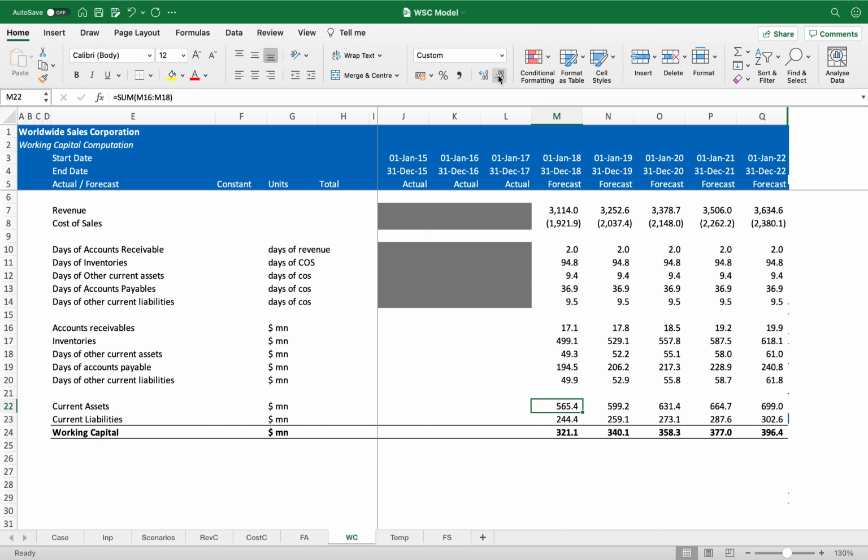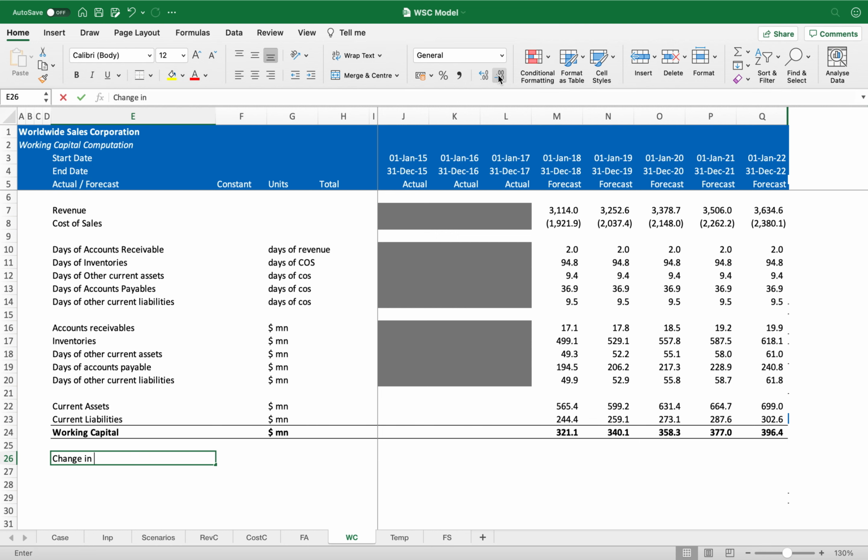Here we go. Now I need change in working capital.